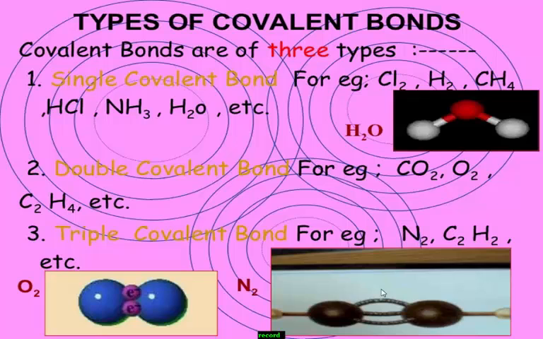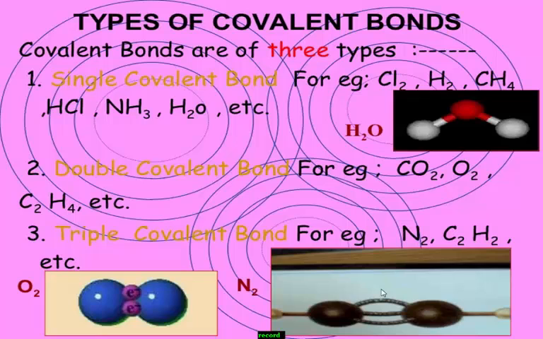Students, remember, there are three types of covalent bonds. The first one is the single covalent bond, which contains a single bond. It is present in the chlorine molecule, hydrogen molecule, methane, HCl, and NH3, because between the atoms there is a single bond.